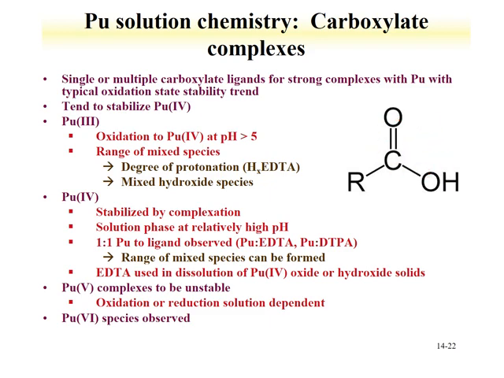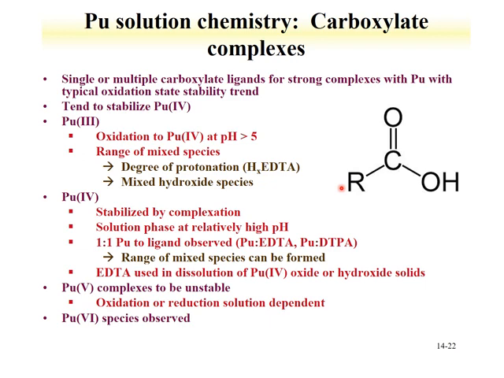The plutonium-4 species tend to be stabilized by complexation with carboxylic acids, and the compounds tend to be 1-to-1, for instance, plutonium EDTA, plutonium DTPA, and these compounds with these acids can be soluble under pH conditions where the free plutonium is precipitated.